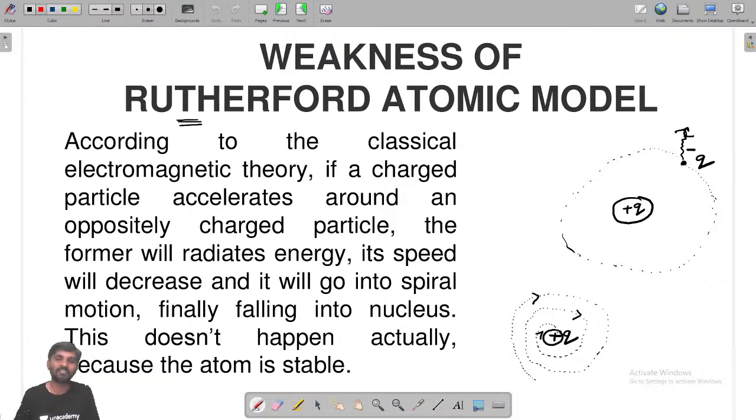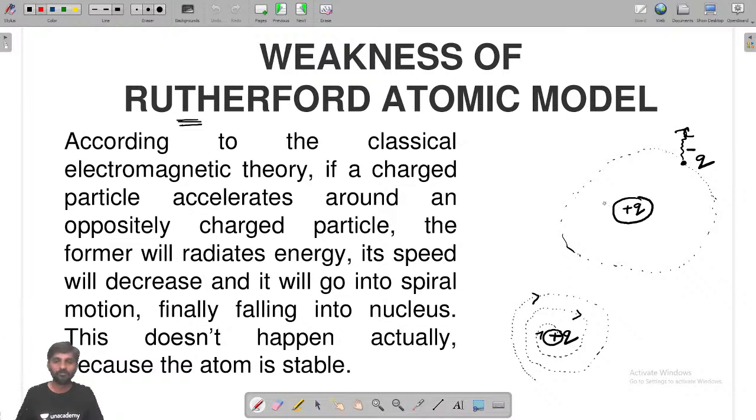And then the weakness of this Rutherford atomic model is, according to the classical electromagnetic theory, whenever an opposite charge is revolving around the positive charge, let's say this is positive and the negative charge is revolving around, slowly it loses its energy and it will try to fall into the nucleus, which is not possible in general.